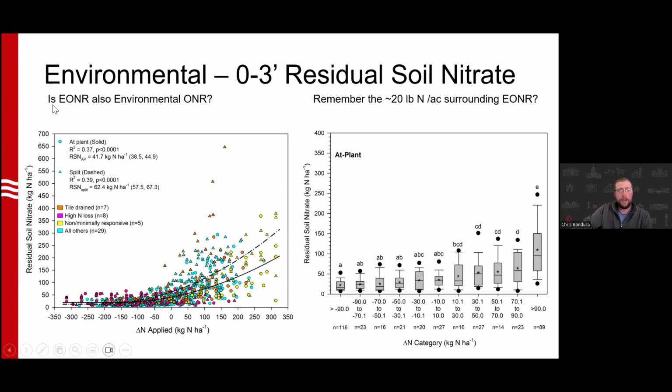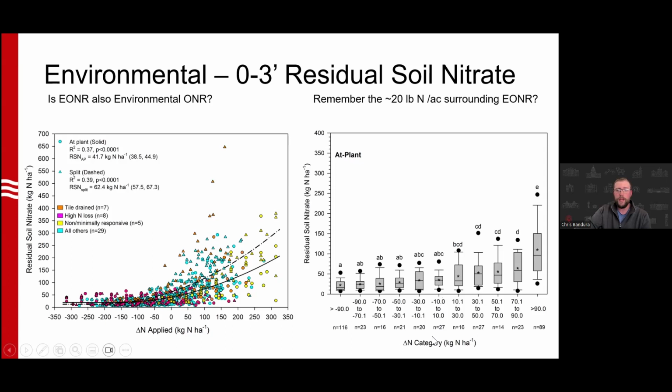So if we ask ourselves this question, is the economic optimum N rate also an environmental optimum N rate? Let's come back to this 20-pound range of N rates that we said were within $1 per acre profitability of the actual true EONR. What we did is we took this data set over here, the one with all the cool colors, and moved it directly to the right here.